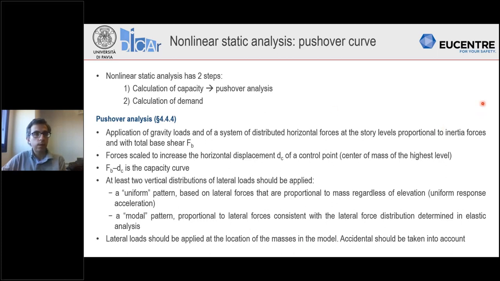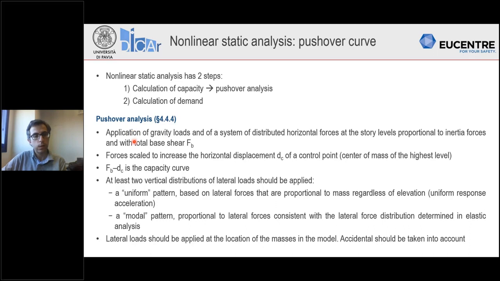Now, moving to the nonlinear static analysis. Nonlinear static analysis has two steps: calculation of the capacity, so determination of the pushover curve, and calculation of the demand. Here I will discuss only the first topic, because the second will be the topic of the next webinar. So what is pushover analysis?